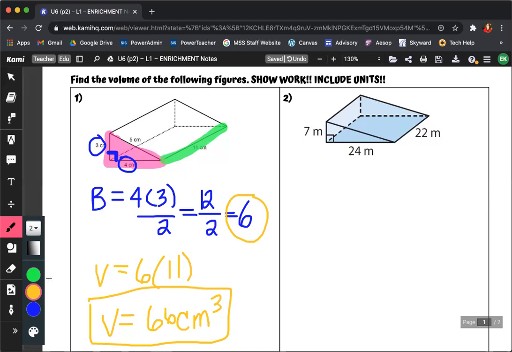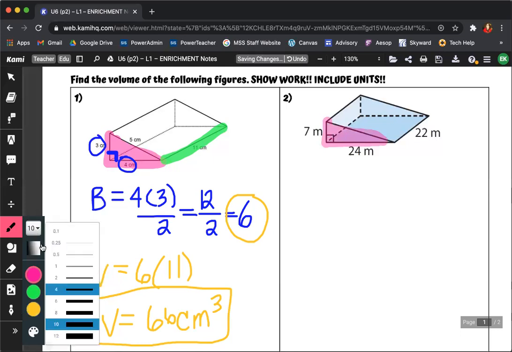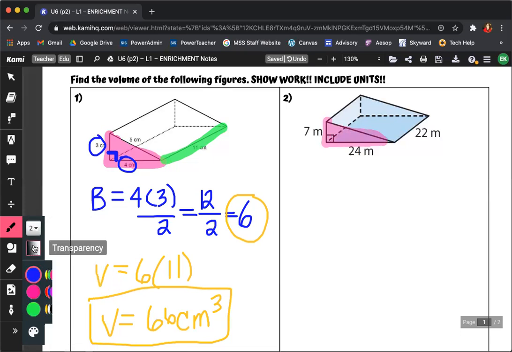All right, let's look at number 2. Again, first thing I should be looking to identify is that triangular base. So if I see I've got my triangle here, I need to find that 90-degree symbol and see what two sides are connected by that, because that is our base.